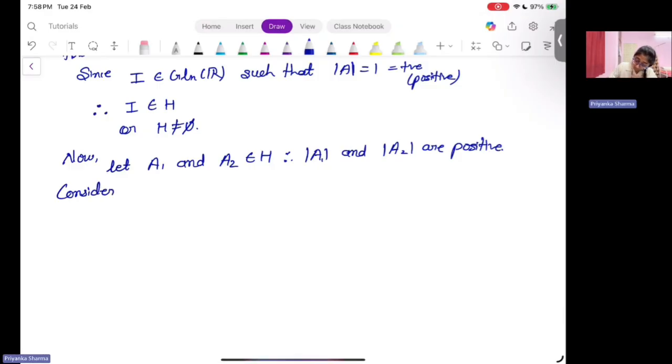What we need to conclude is that A1 A2 inverse is in H. So this will be in H if its determinant is positive.